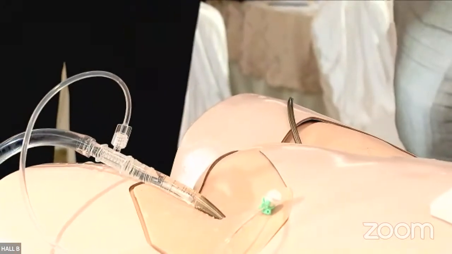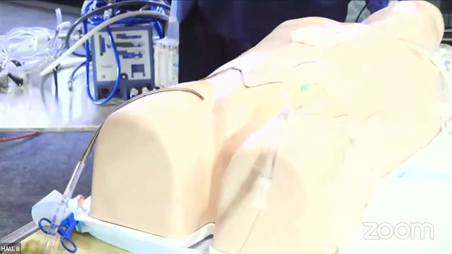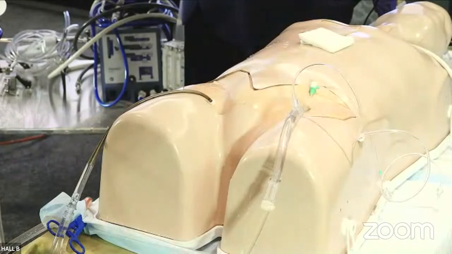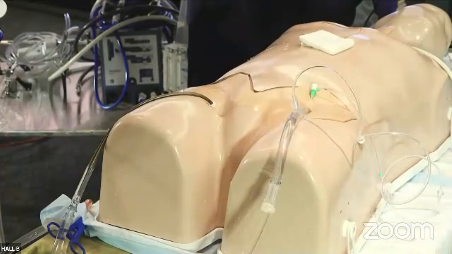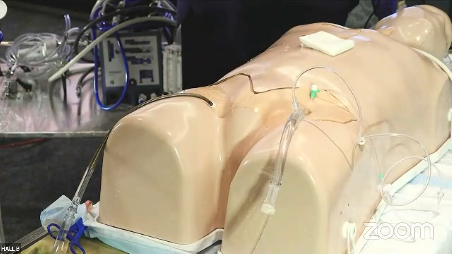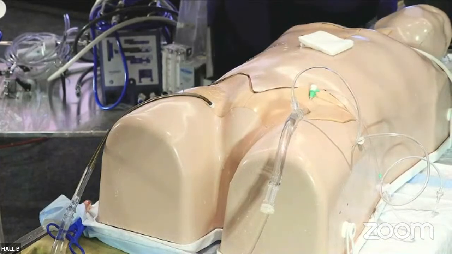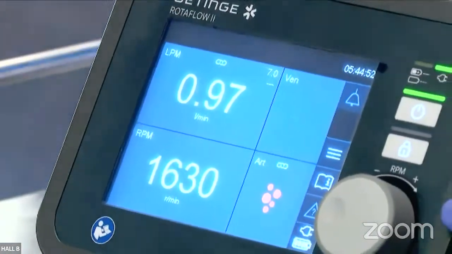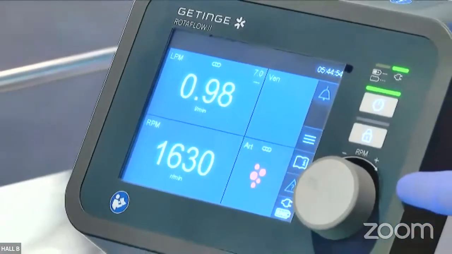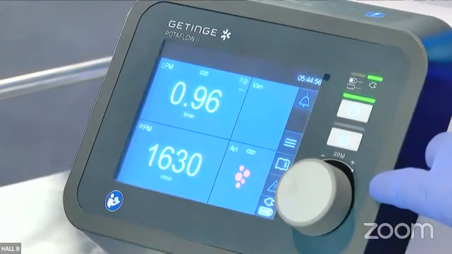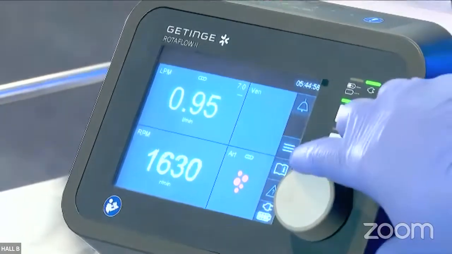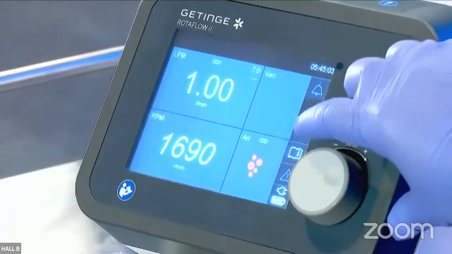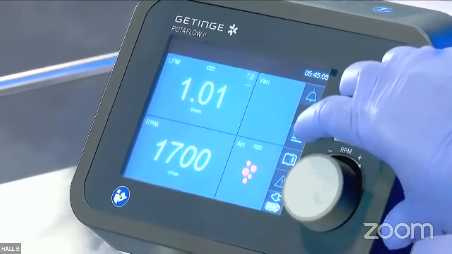So start with a low flow and gradually increase the RPM.